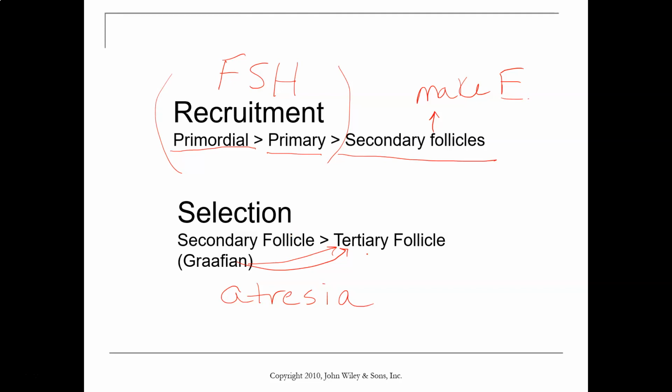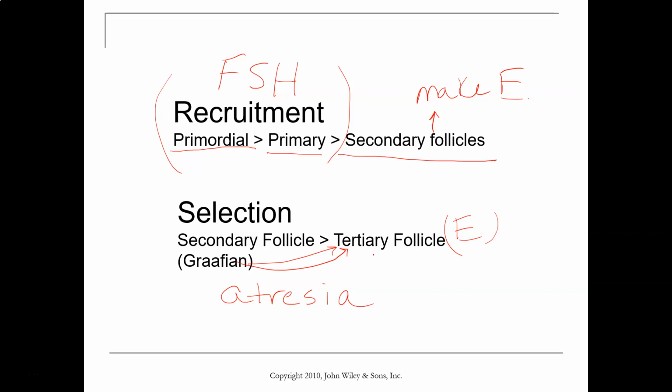But then they undergo atresia. The tertiary follicle also makes estrogen. So there's a lot of estrogen after the selection, or during and at the end of the selection phase. Okay, so we call it selection because we're selecting one of the secondary follicles to become the tertiary follicle.